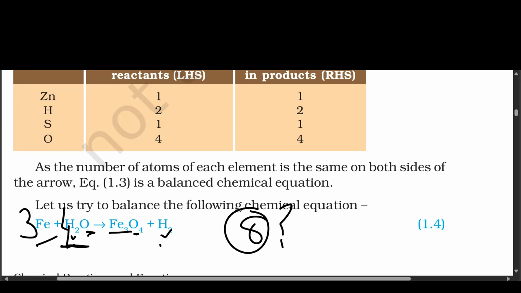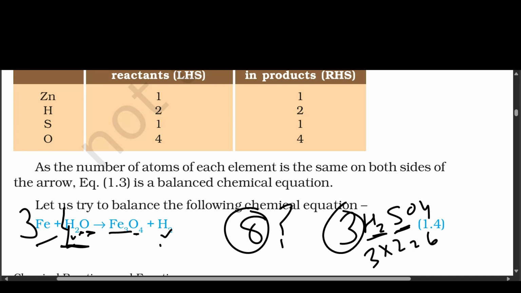Here hydrogen was already 2 in number, so 2 into 4 becomes 8. For example, if I write say H2SO4, right, and I write say 3 in front of it, so what will happen? Hydrogen was already 2 and you're writing 3 in front of it, so it will become 3 into 2, that is 6. Sulfur would become 3. And what about oxygen? Oxygen is 4 written here, 4 into 3 becomes 12.